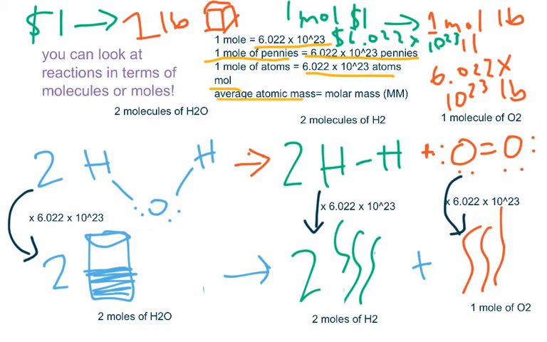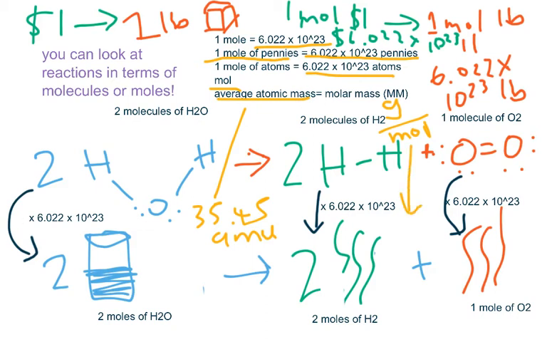So for example, if I had an average atomic mass of 35.45 amu, which is the average atomic mass of chlorine, by the way, then the molar mass of chlorine, or the amount of grams in a mole of chlorine, will be 35.45 grams. Isn't that cool? So the average atomic mass is equal to the molar mass.